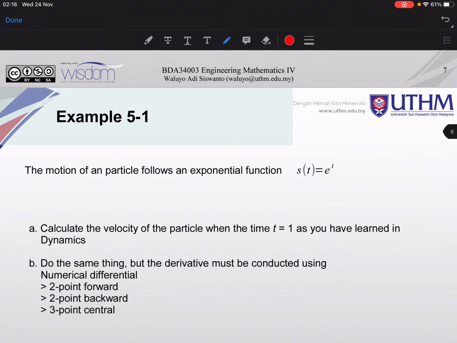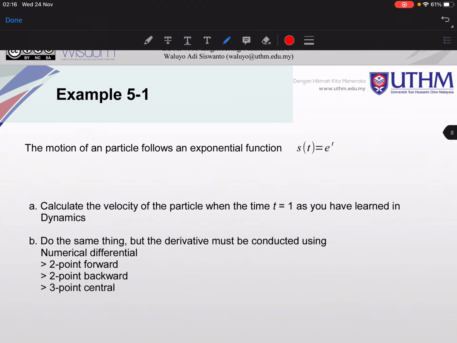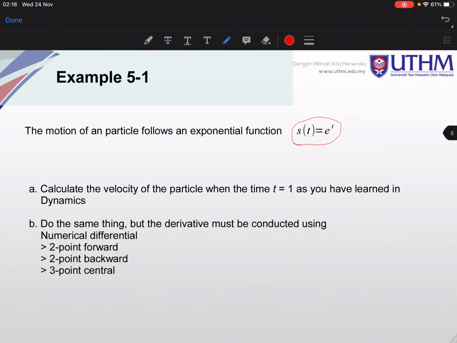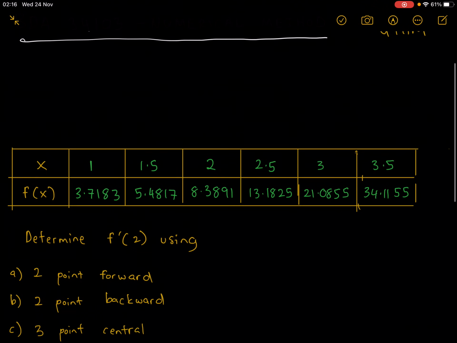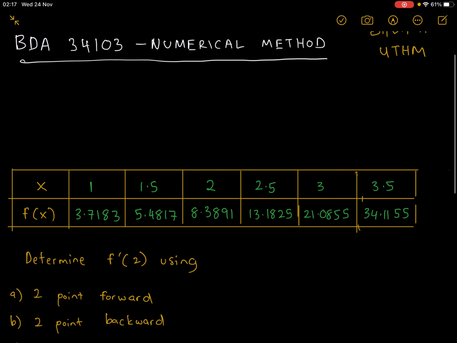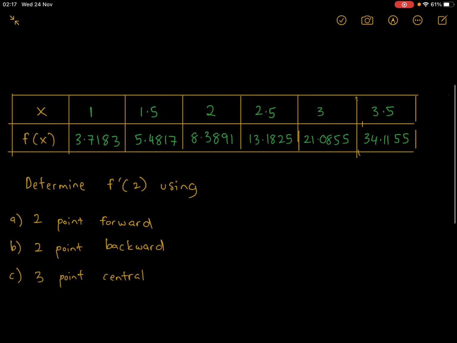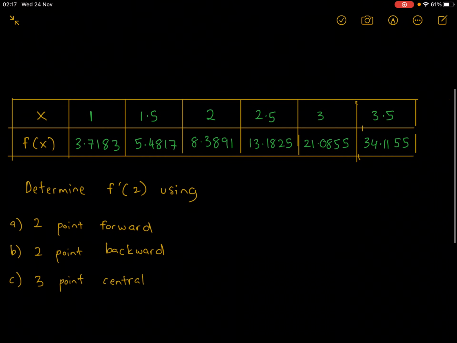And we have looked at a few examples before. For example, we have tried to solve this equation using 2-point forward, 2-point backward, and 3-point central. So for this session, we're going to look at another type of example question to find differentiation using numerical method.